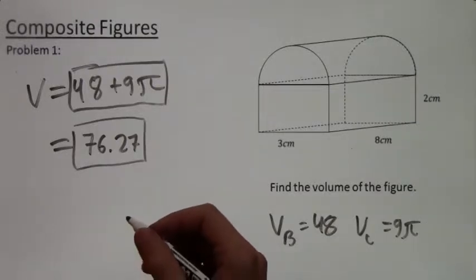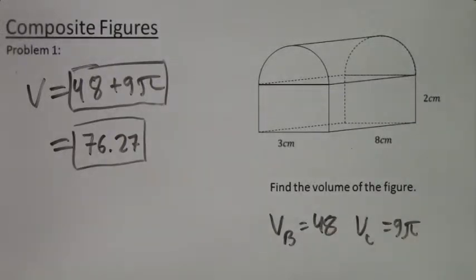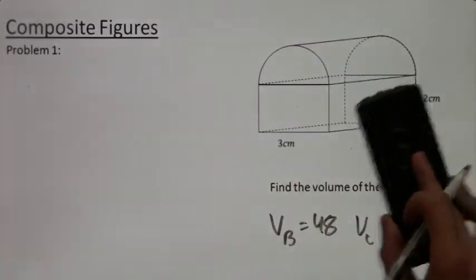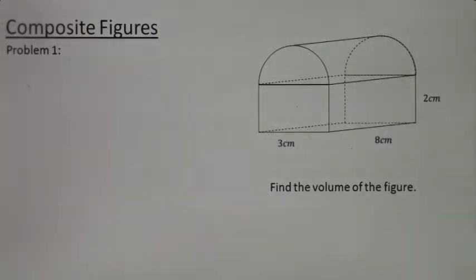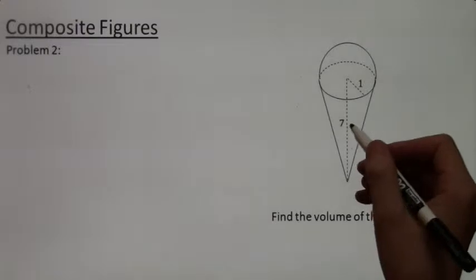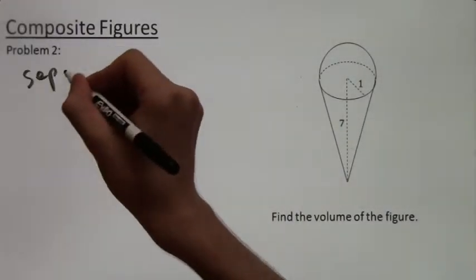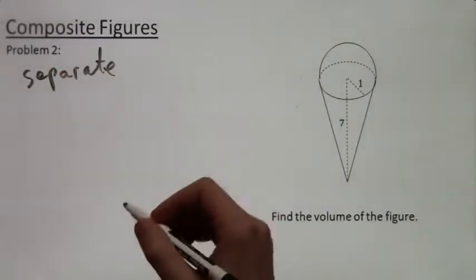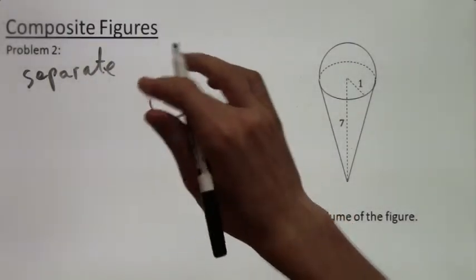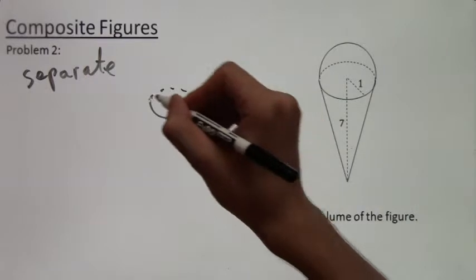All right, now we're going to do another example problem. Just let me erase all of this. So now I want to find the volume of this figure, this sort of ice cream cone. So once again, the strategy is to separate the figure. First, on the top of the figure, we can see half a sphere.